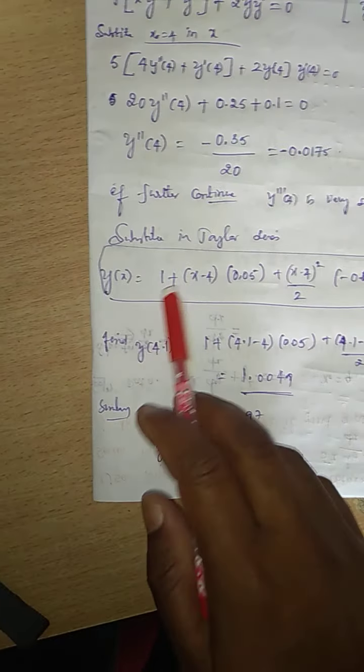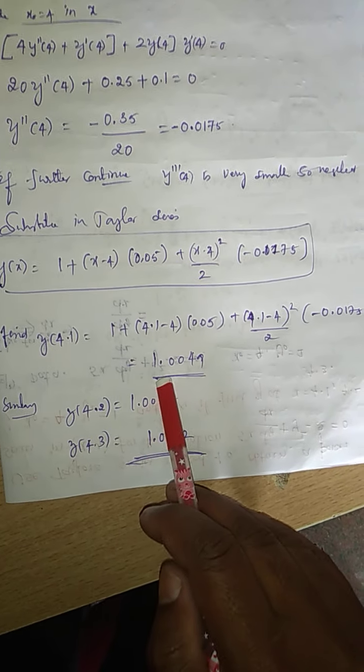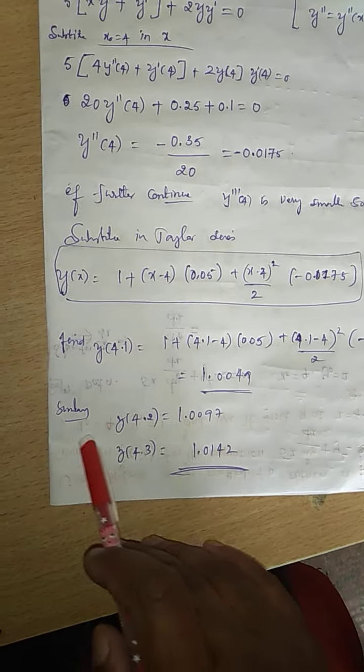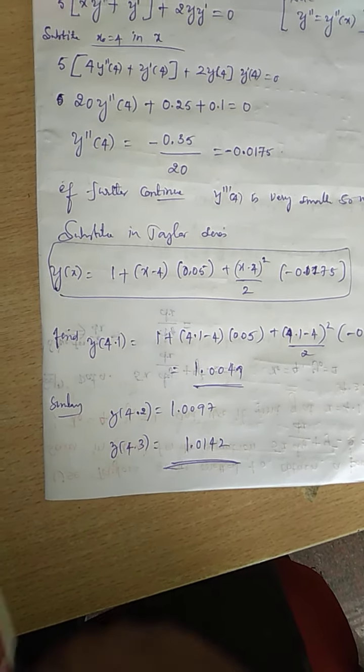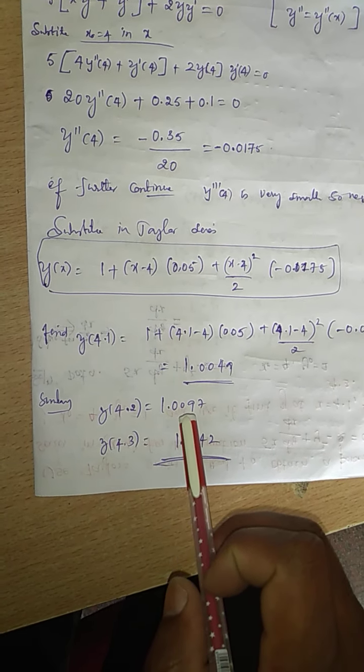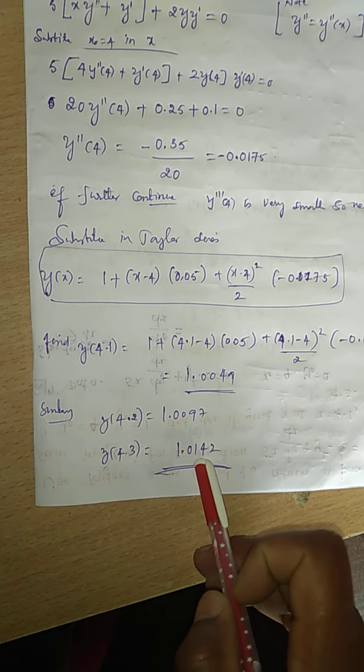So substitute 4.1 in place of x, it becomes 1.0049. Similarly, for 4.2, it becomes 1.0097. Similarly, for 4.3, 1.0142. This is your problem.